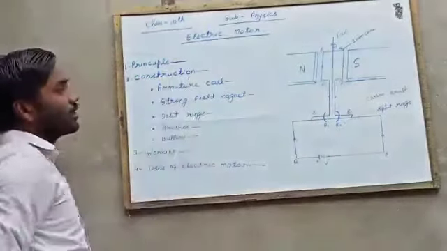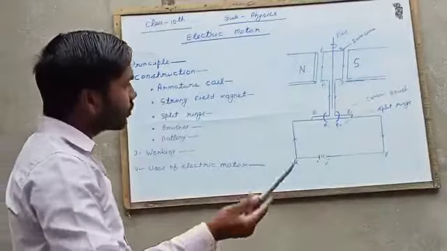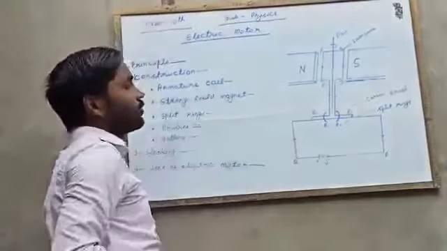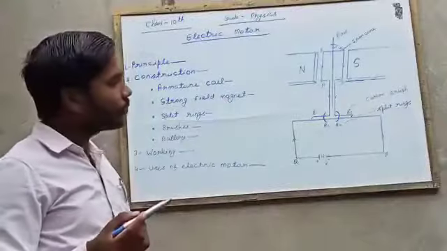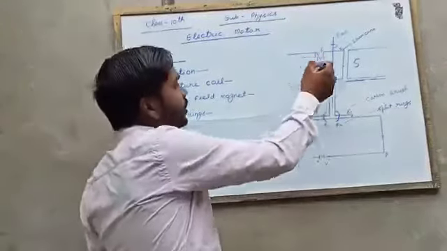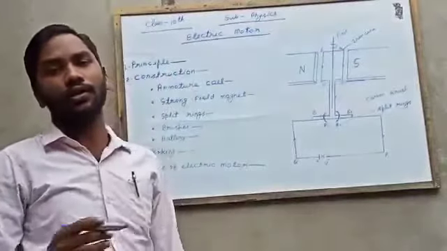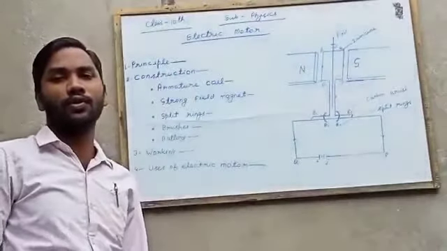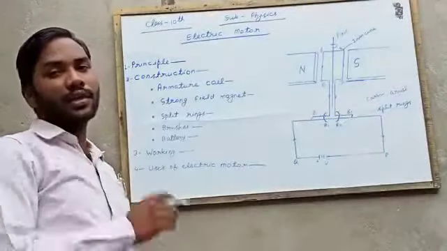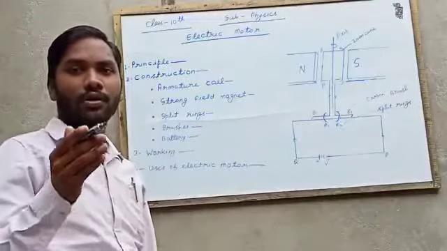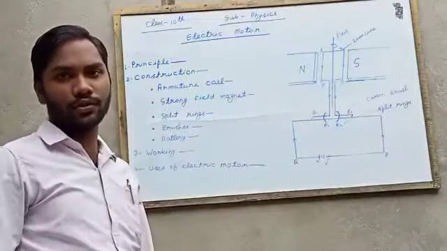Now here is the construction. First of all, the armature coil. Here you can see ABCD is a rectangular coil. This is the armature coil which has many turns of copper wire on it.